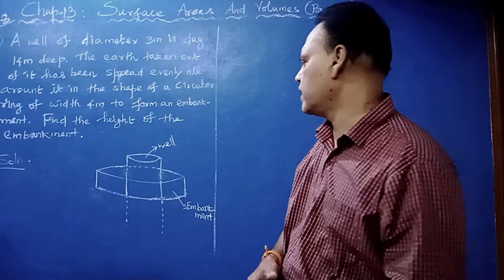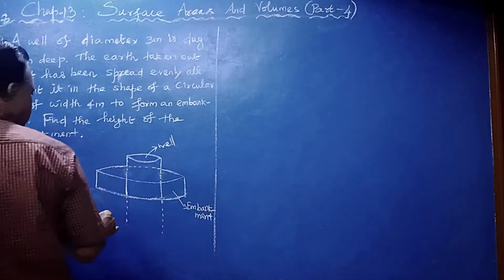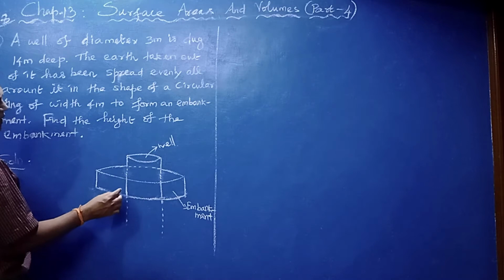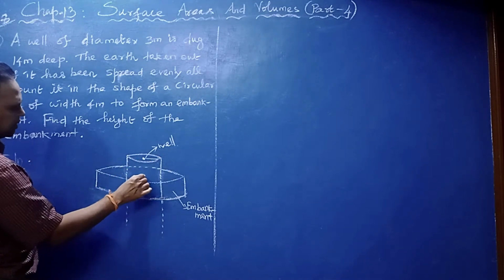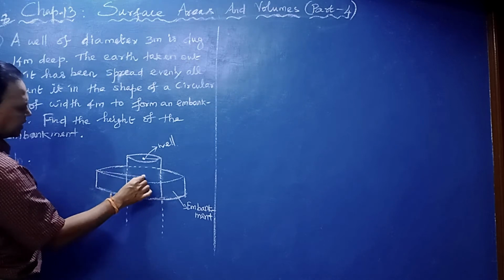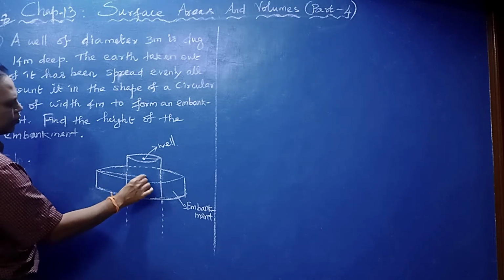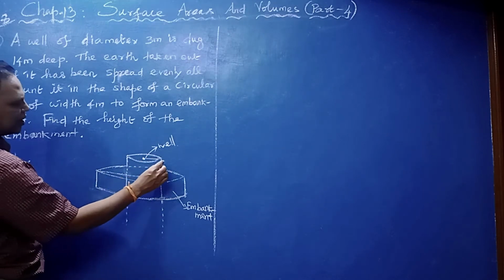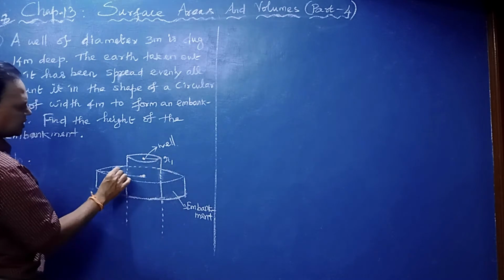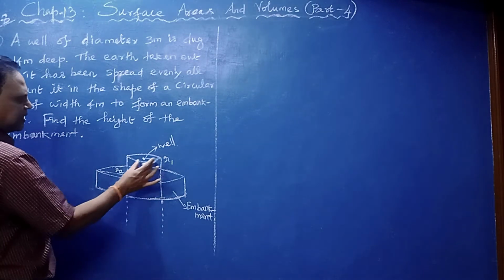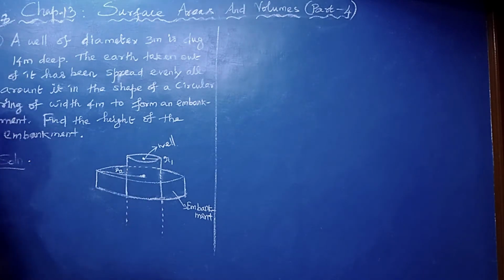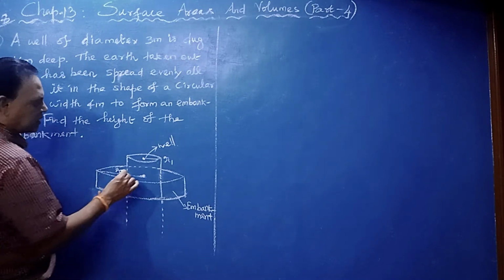Width is given as 4 meter. That means, here you see, this is small r and this will be capital R. R1, R2 you keep it. This one is radius R1, and this is R2. Clear? This radius and this width are given.